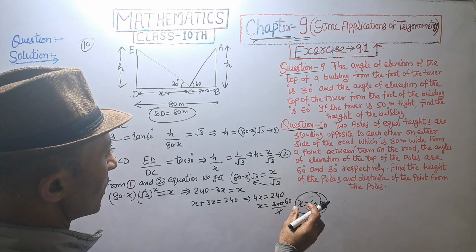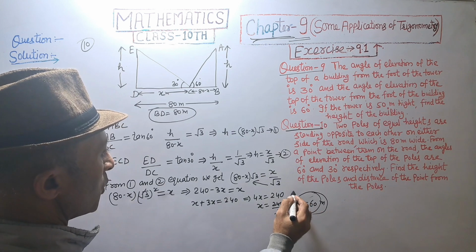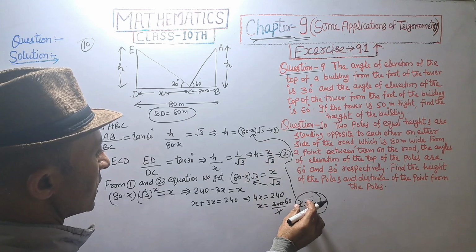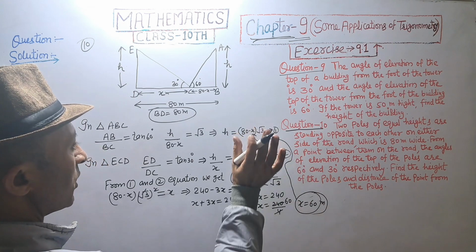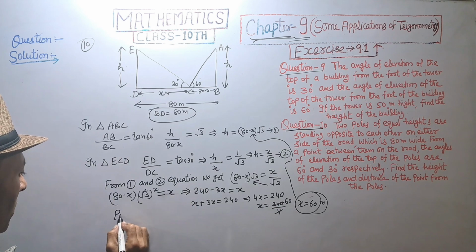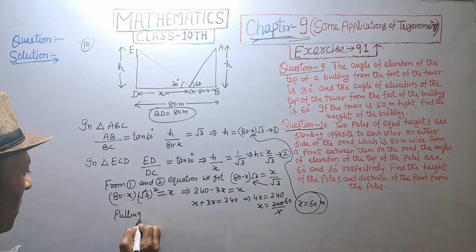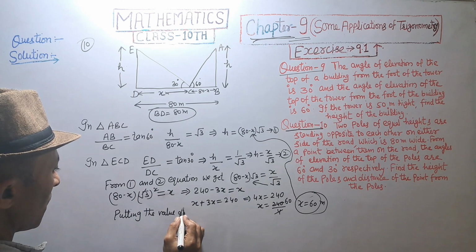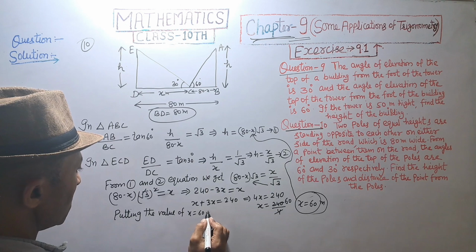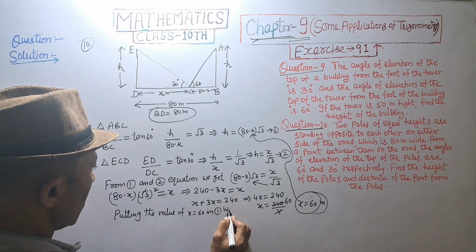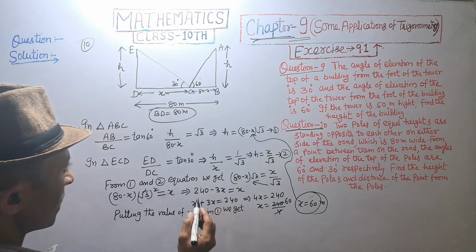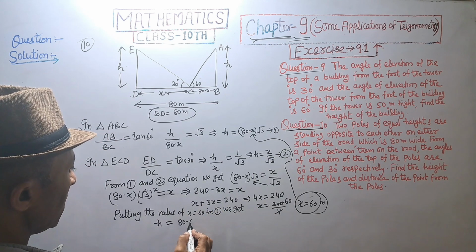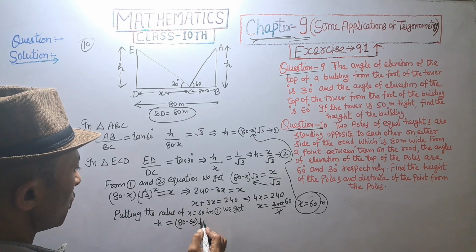And putting the value of X equal to 60 in equation number first, we get H is equal to 80 minus 60 root 3.